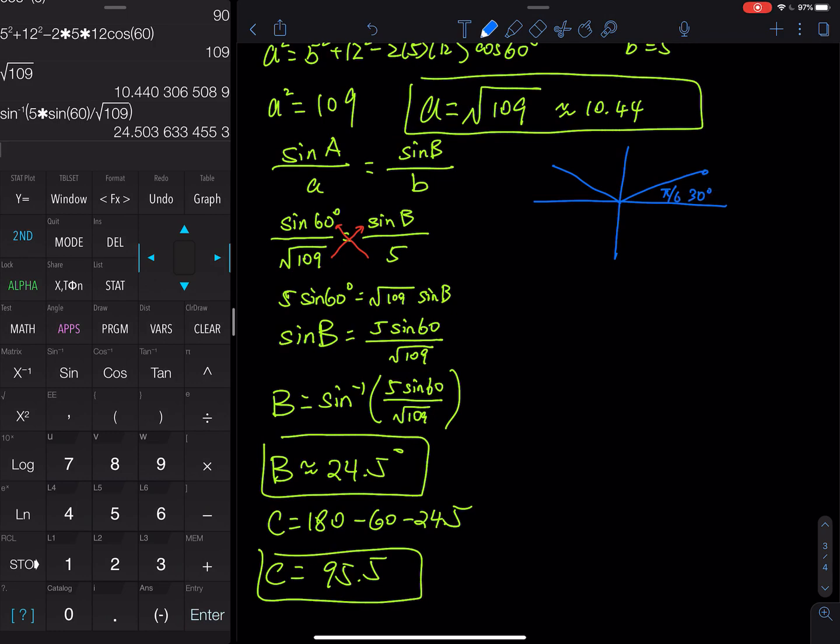So at pi over 6, what's the coordinate? The coordinate is root 3 over 2, comma 1/2. So in this case, y is equal to 1/2. There is a second point that gives you y equals positive 1/2. That is 5 pi over 6. At that point, you have negative root 3 over 2 and then positive 1/2.